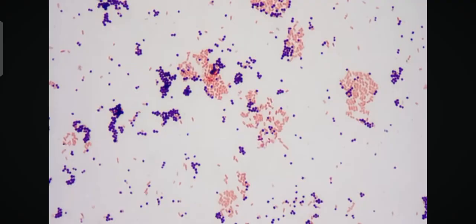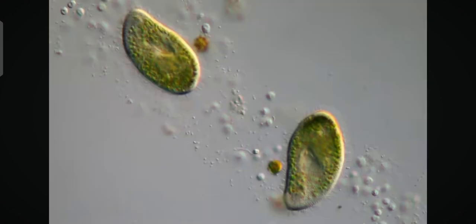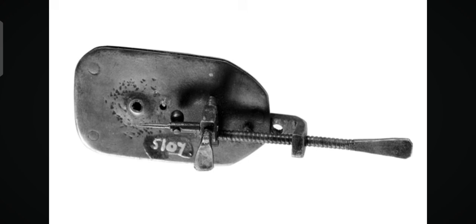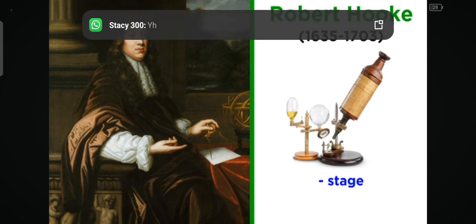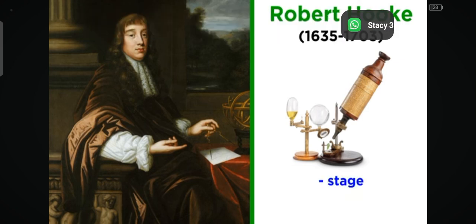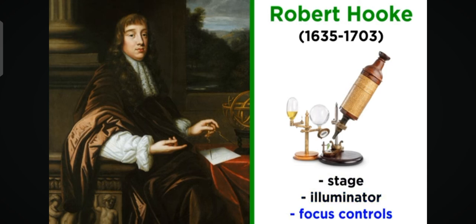At this point in time, the world of microorganisms was unlocked and available for study, but the look and accessories of the compound microscope were still far from what we recognize as a microscope today. It wasn't until 1665 that Robert Hooke, a scientist from the United Kingdom, added features to the microscope like the stage to hold the specimen, the illuminator to shine light on the specimen, as well as focus controls.